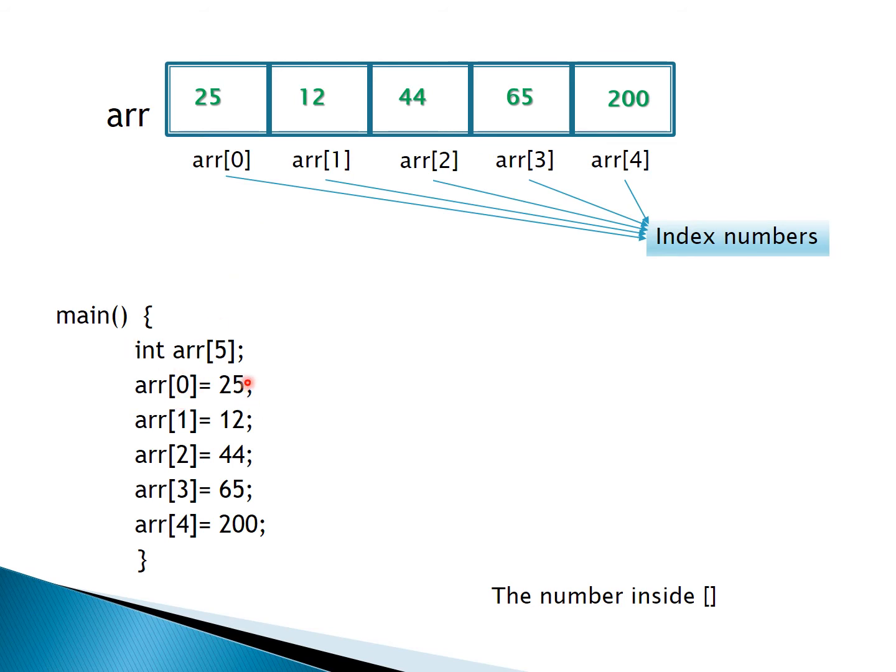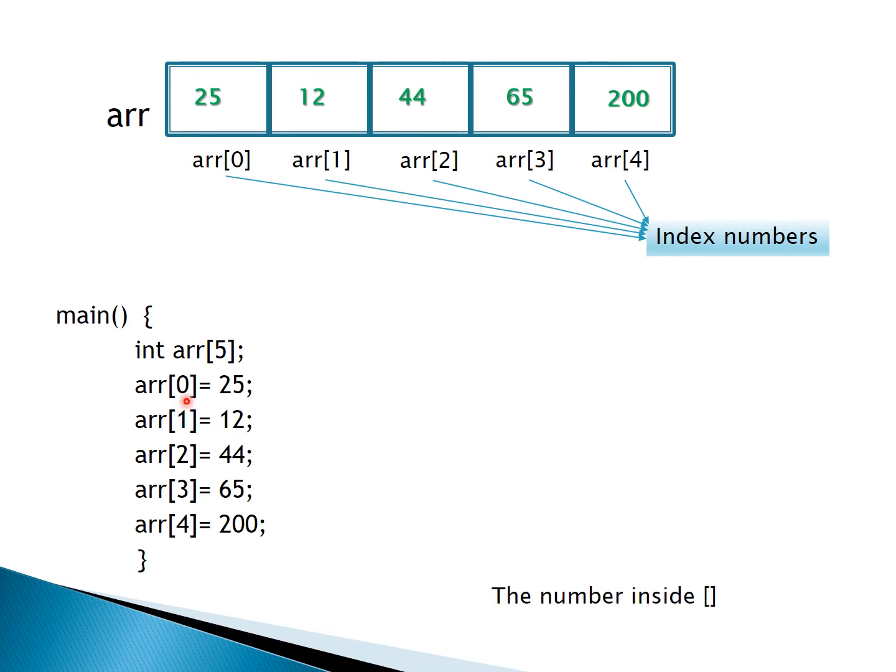Now here in this program, you can see we have the same array, 5 integers. We can use the first element, the first integer of this array. We are assigning a value to this first element, and the value is 25. 12 is assigned to the second.